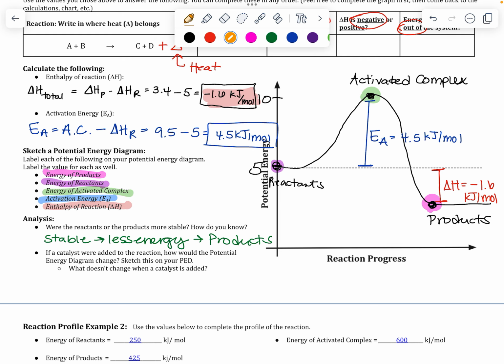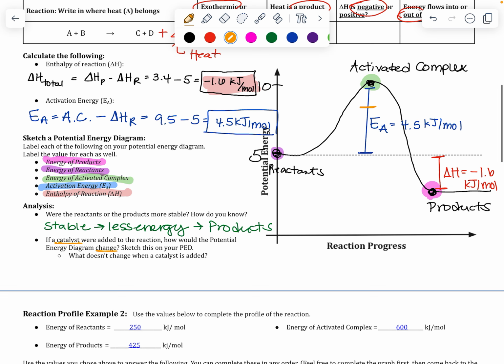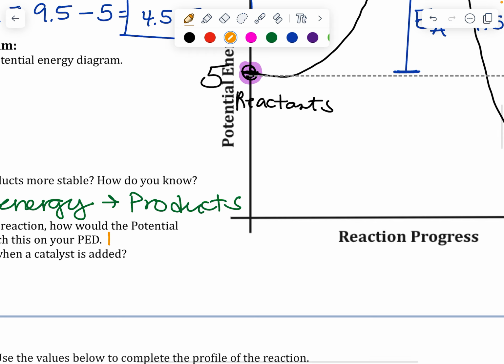All right, last part, if a catalyst were added to the reaction, how would your potential energy diagram change? Sketch this on your potential energy diagram. So a catalyst helps so we don't need as much energy for the reaction to take place. And so my catalyst is going to lower my activated complex energy.